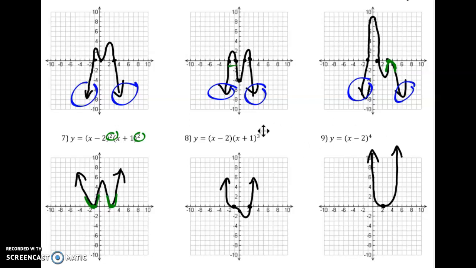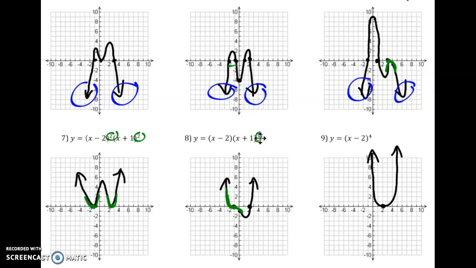Okay. If we look at when there is a multiplicity of 3, for example when x equals -1 here, it doesn't bounce this time. It has that wave, that cubic shape when it passes through. And we officially call that a point of inflection. So when it was degree 2 on the factor, it caused a bounce like a parabola.